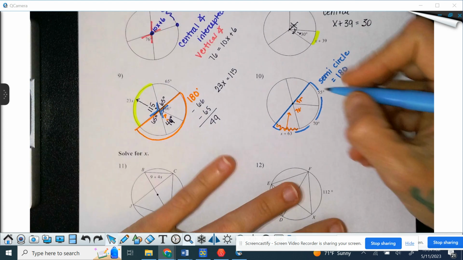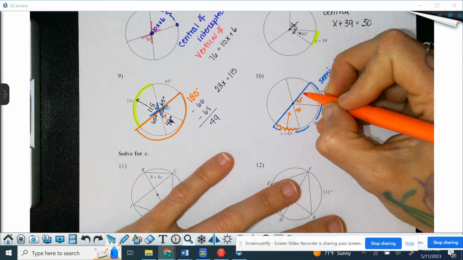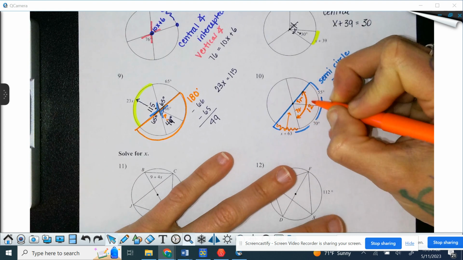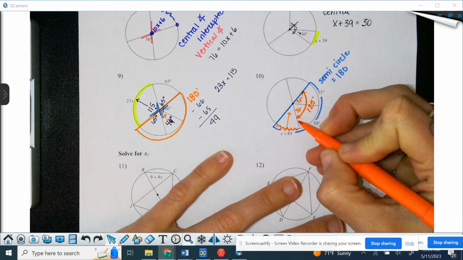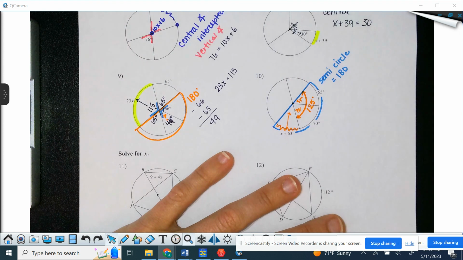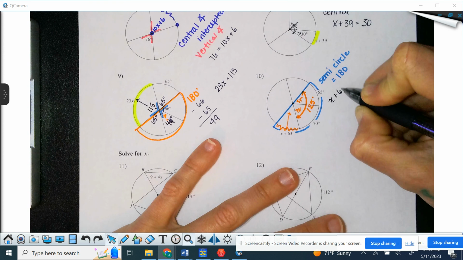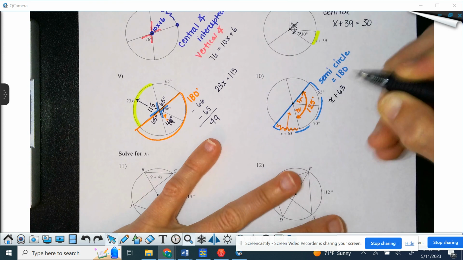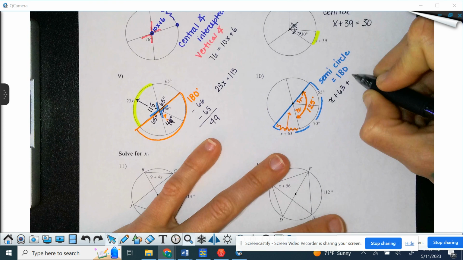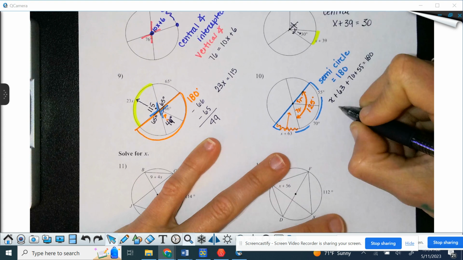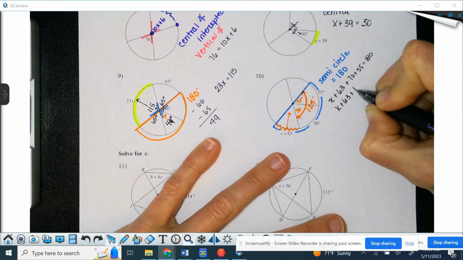So this much is 125, and then I have this left over. So I could subtract that from 180, or the mathy way that most of the time you're going to see this written, it's going to be this arc plus, and it was probably 70 plus 55 equals 180. And like we just figured out, you may also see it written like this.